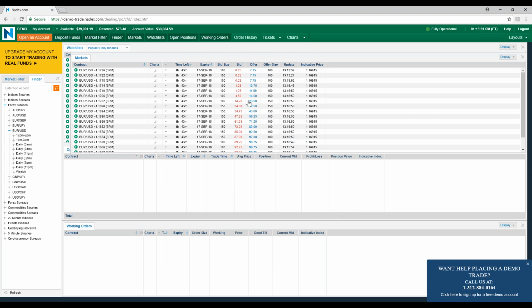So if I bought this one right here, 23.50, and the market goes up 8 pips, how much approximately will this be worth? Well, what I need to do is go down 1 strike, 2 strikes, because each strike is 4 pips.